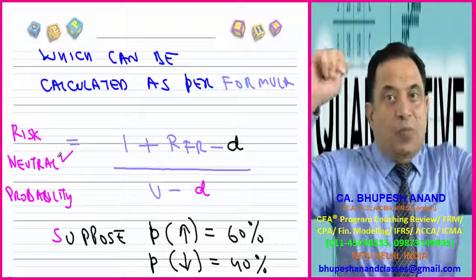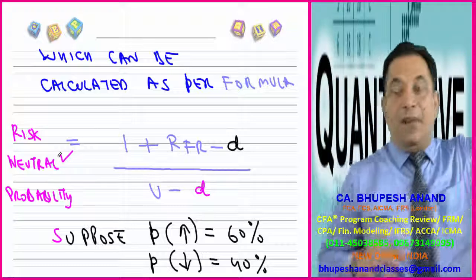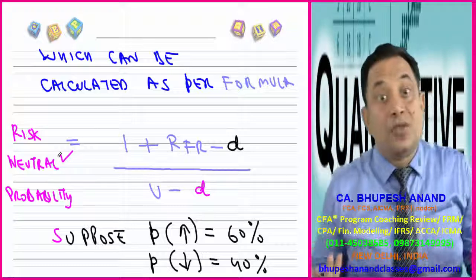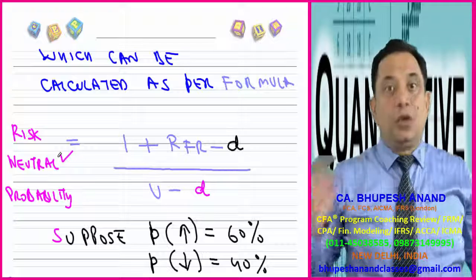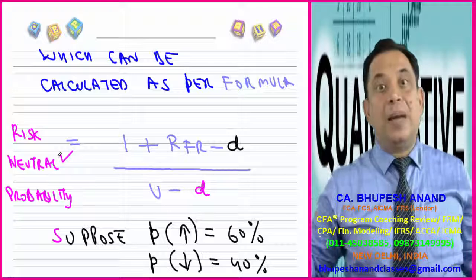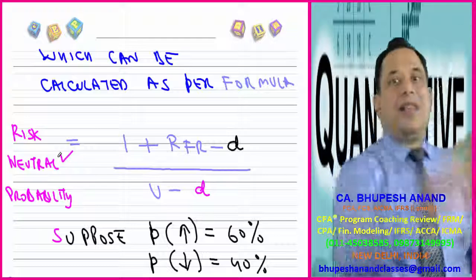I have explained in detail in derivatives how this formula has been derived. 1 plus RF, because we are on the basis of risk neutral assumption that he can borrow from risk free and without any risk. So P is 1 plus RF minus D upon U minus D. How it is derived, I have given the whole logic in my derivative lecture.